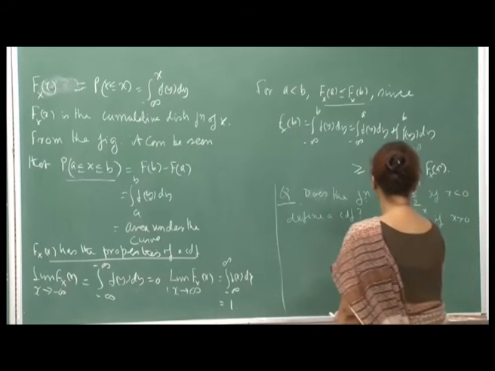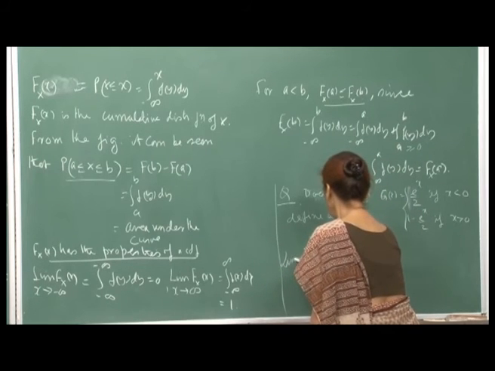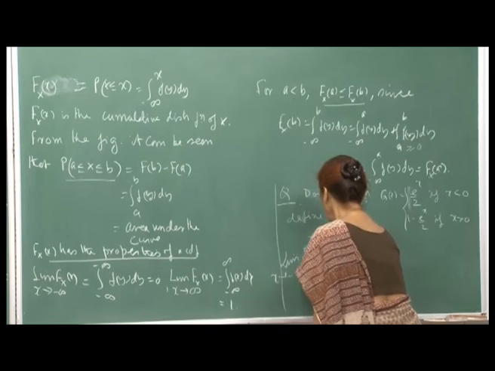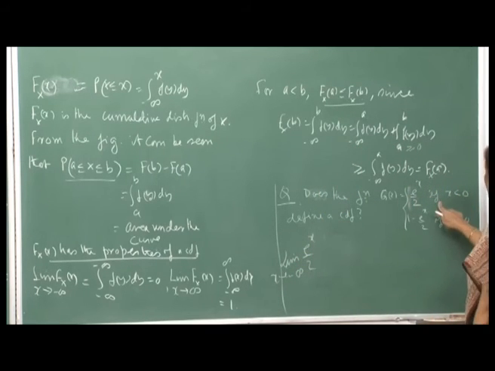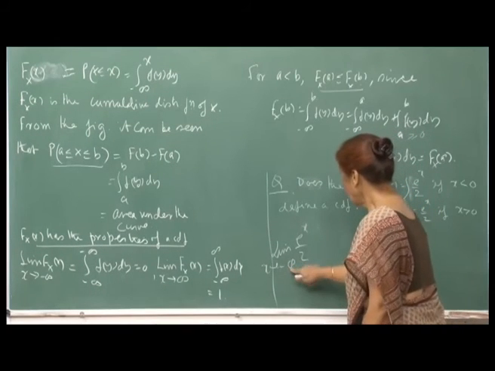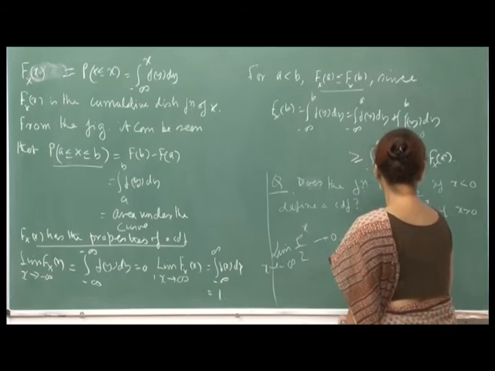So what is happening is, e raised to x by 2, the limit as x goes to minus infinity, because this is for x less than 0, should go to 0. That is fine, because as x goes to minus infinity, e raised to x will go to 0.